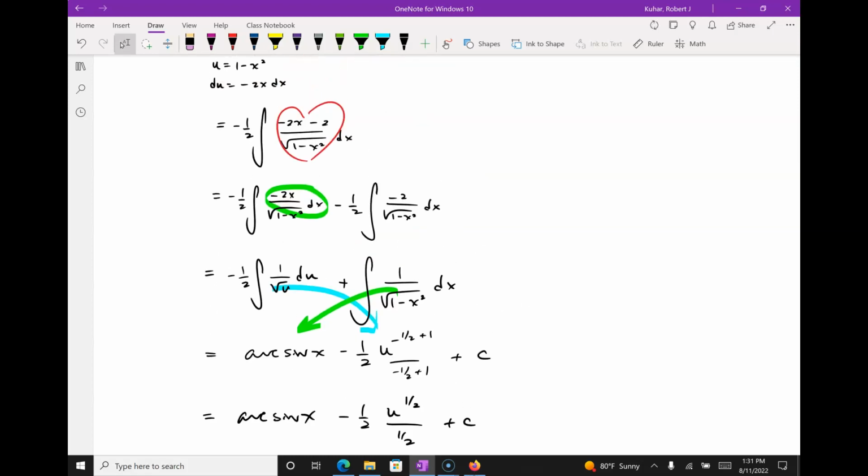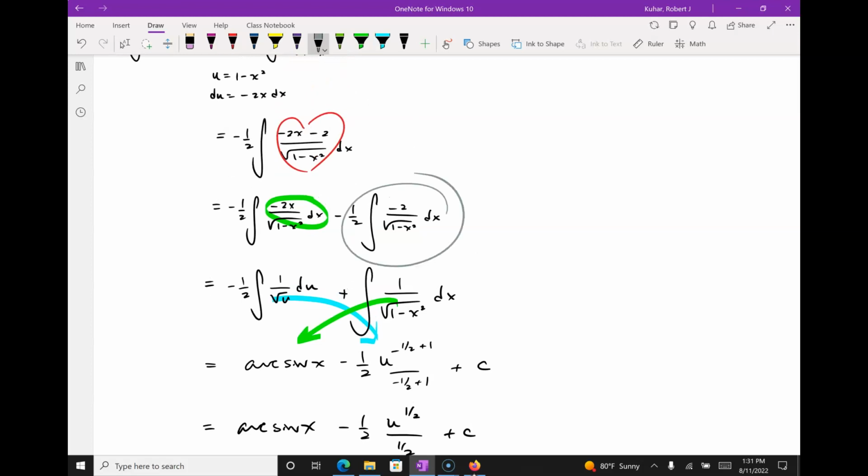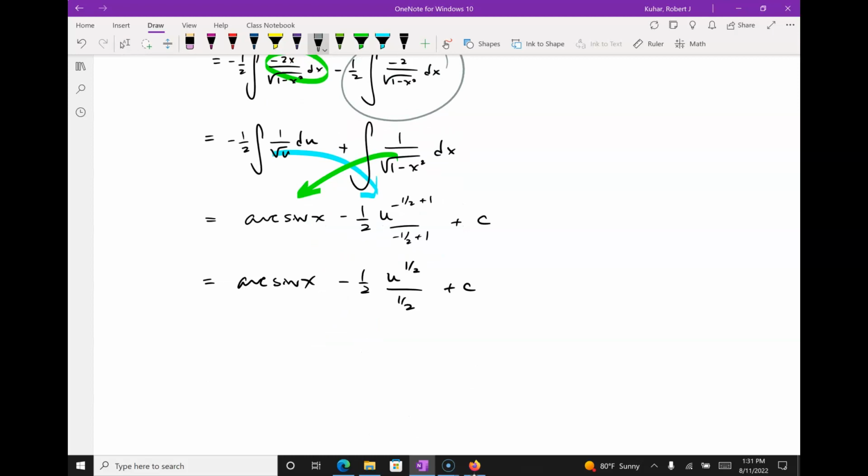For the second part, because I recognize that that's arcsine. So I could just recognize it as an arcsine.